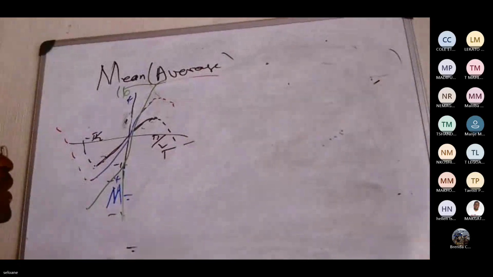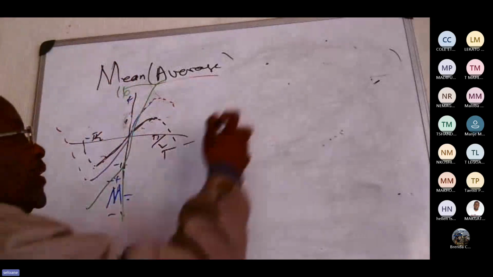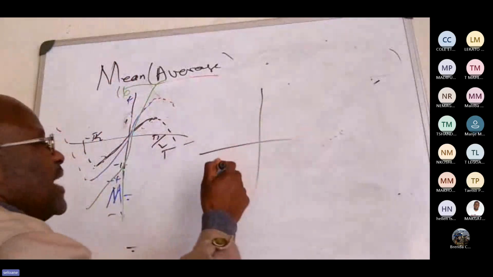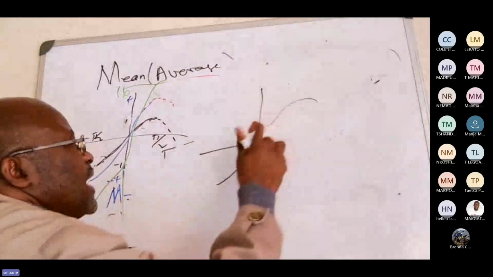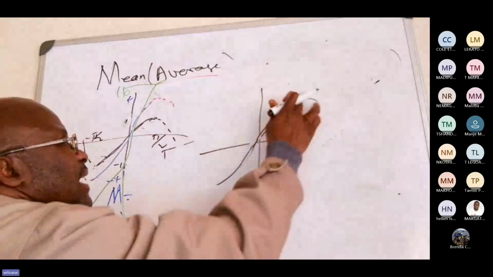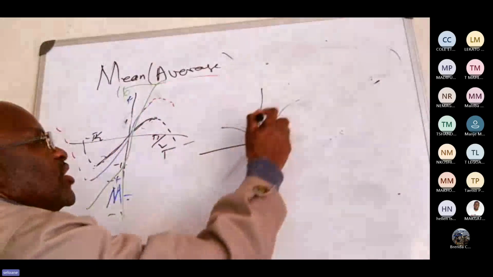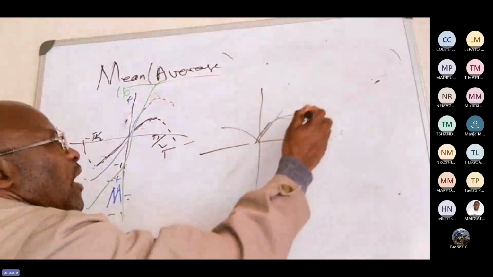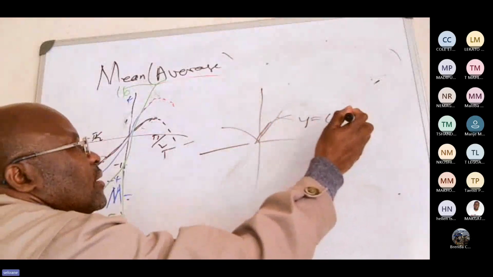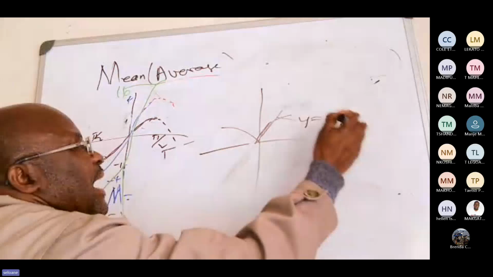Because we want to accommodate the maximum, your graph now, instead of taking this shape, will now take this shape. That is y equal to sine squared x.